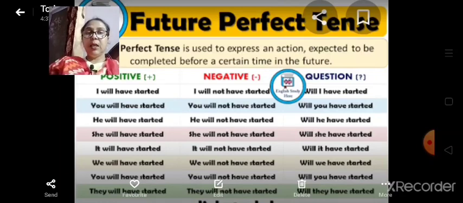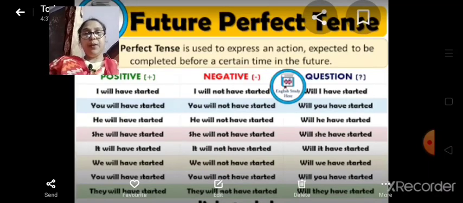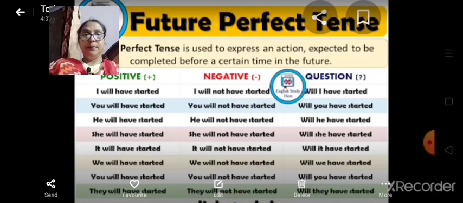Here you can see that not is placed between will and have. So whenever we make a negative sentence in future perfect tense, we use not and the third form of the verb, and then it becomes a negative sentence in future perfect tense.